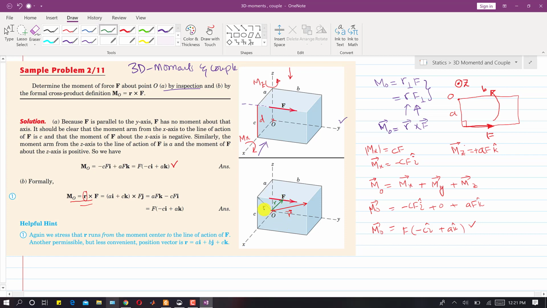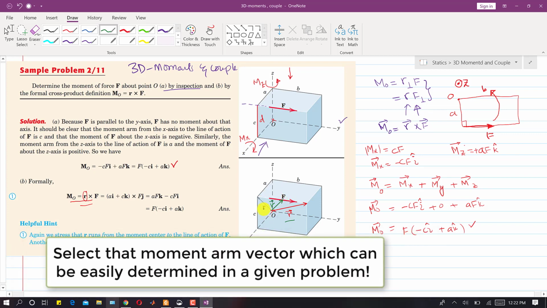It is up to us which R we choose, but we need to find that R vector. So we will select that R whose components, the vector form, could be easily defined, right? So in this case we can find this R as well, and in this case we can find this R as well.